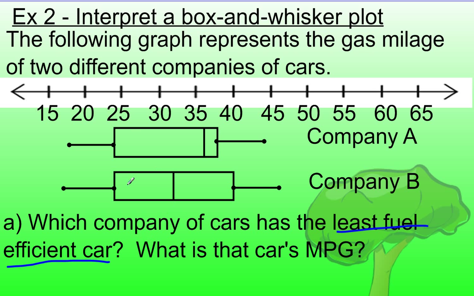And the answer is company B. That guy right there is the least fuel-efficient. It says, what is that car's miles per gallon? Well, first off, company B. And it looks like the miles per gallon is around, I don't know, 17 or so? So that is the worst miles per gallon, the worst fuel-efficient car right there, company B.